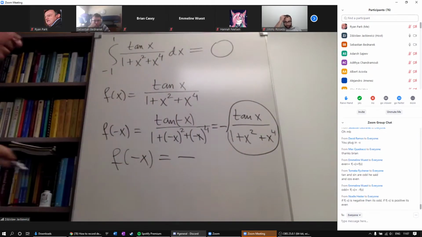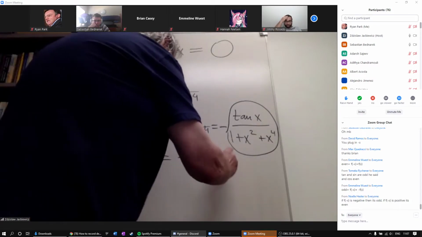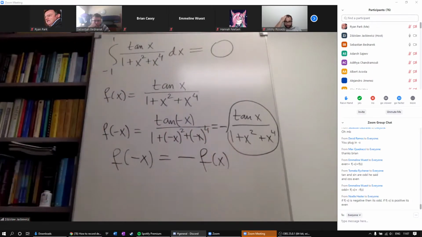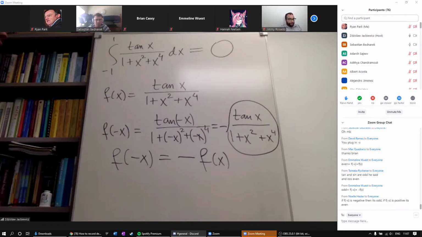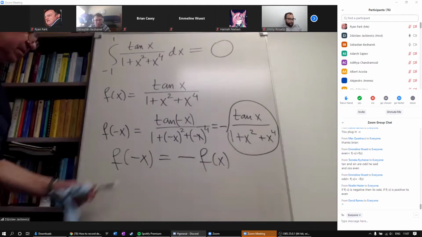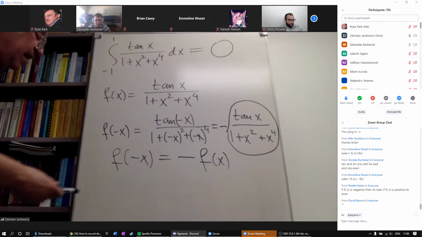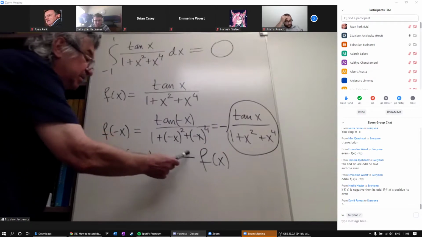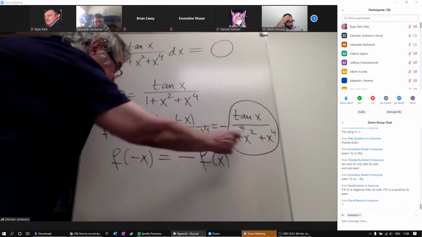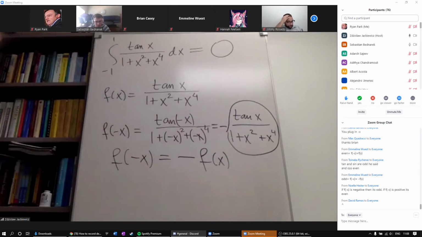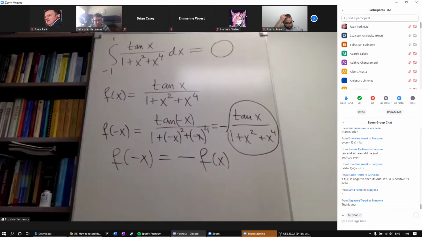So we demonstrated that f of minus x is minus f of x, and that's exactly the definition of an odd function. For an even function, f of minus x is equal to plus f of x. For an odd function, f of minus x is minus f of x. So this line proves this. Okay.